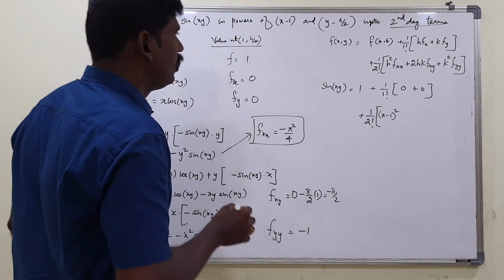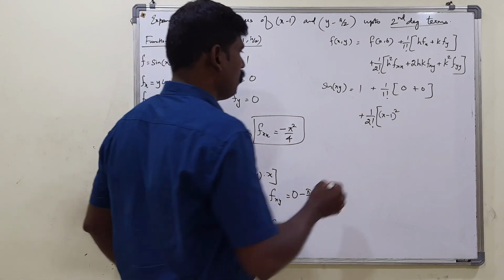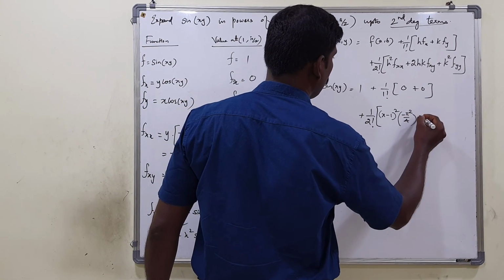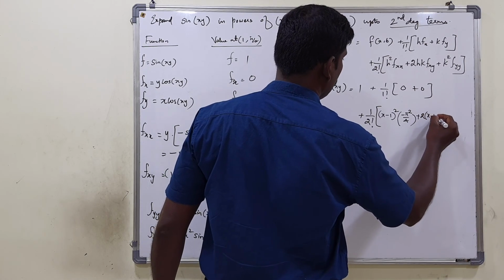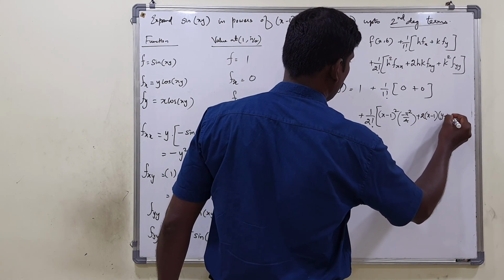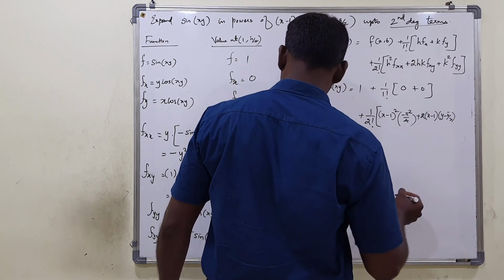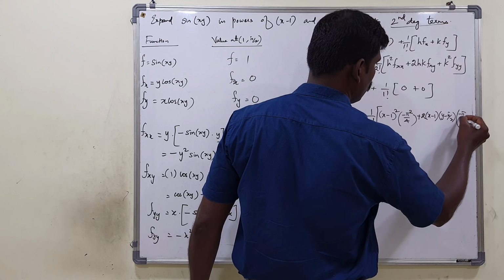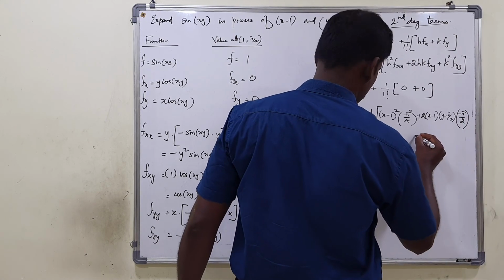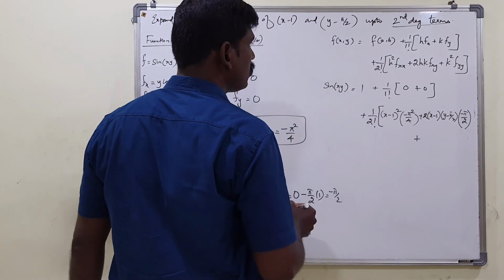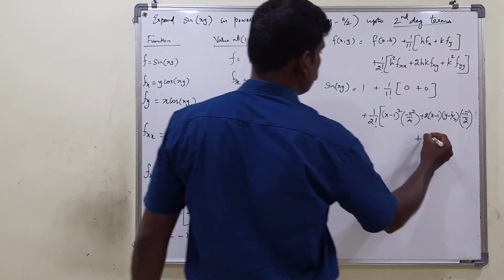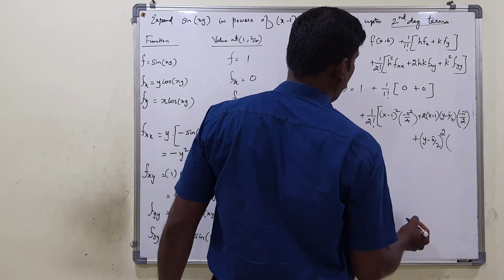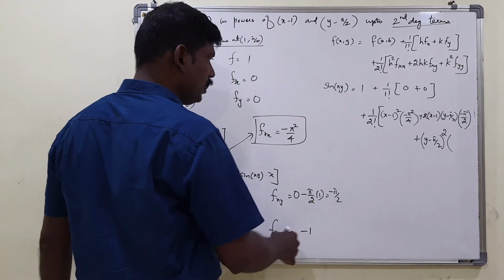Into f double x, minus pi square by 4, plus 2 into x minus 1 into y minus pi by 2 into f_xy. f_xy is minus pi by 2, plus k square. k is y minus pi by 2, the whole square, into f double y, which is minus 1.